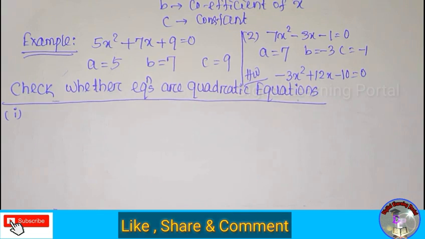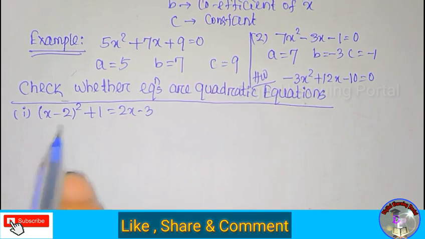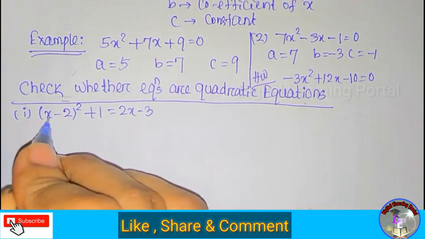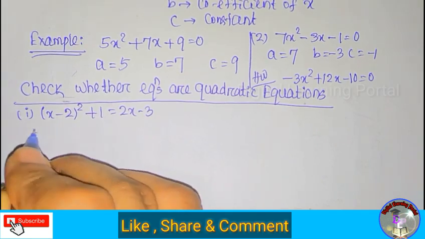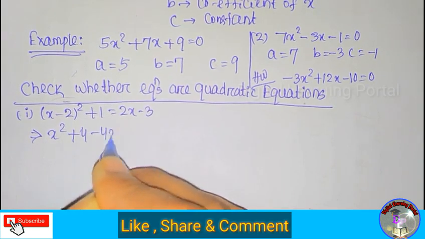And here we have to check whether the equations are quadratic or not. So this is the example. Here we have to prove whether this equation is quadratic or not. First of all we can write x minus 2 whole square as x square plus 4 minus 4x. Why?